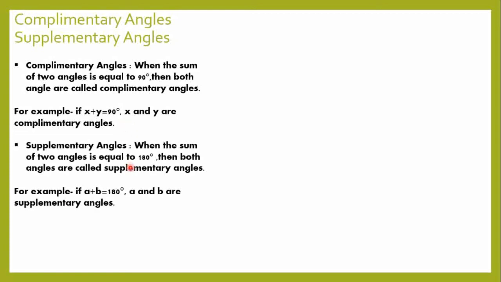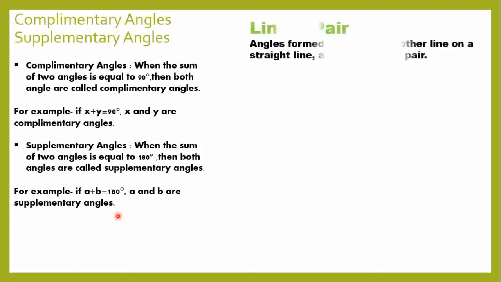Similarly, if we add two angles and their sum is equal to 180 degrees, then those two angles are called supplementary angles. For example, if we have two angles a plus b, and if we add them and it comes equal to 180 degrees, then angle a and angle b will be called supplementary angles. A will be supplementary of b and b will be supplementary of a.